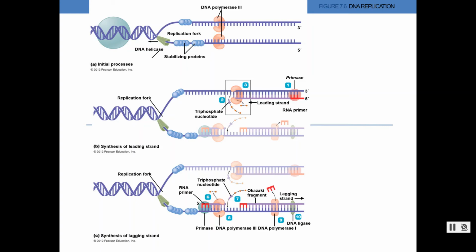A triphosphate nucleotide has 2 extra phosphates, so it has 3 phosphates. We only need 1 to build DNA, and so DNA polymerase III, when it grabs a triphosphate nucleotide, it breaks off 2 phosphates, and that's going to generate some energy. And that energy is enough to add in and connect this nucleotide. So I wanted to point that out as well.